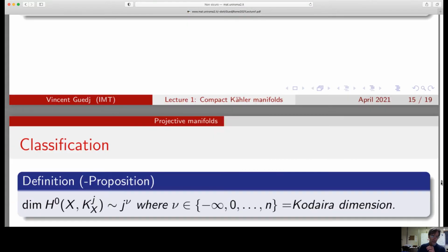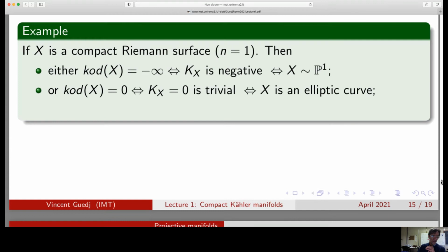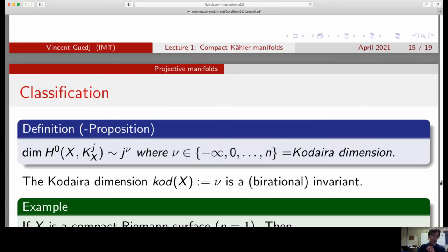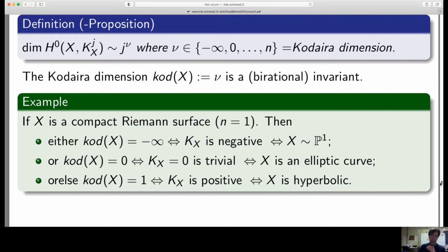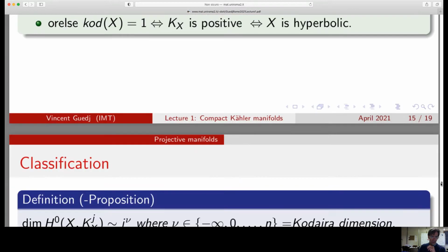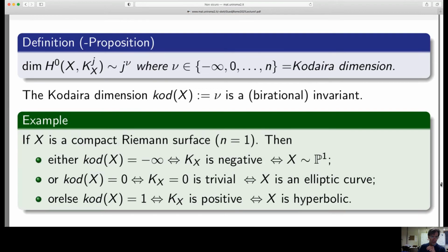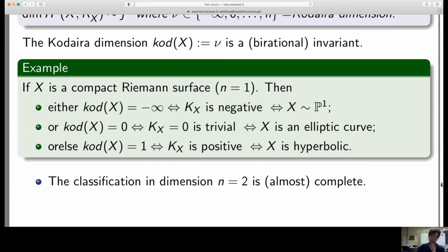The rest are so-called hyperbolic manifolds, whose universal cover, the holomorphic universal covering, is the unit disk. In this case, the Kodaira dimension is 1, and actually the canonical bundle is positive, so it has a Hermitian metric with strictly positive curvature.